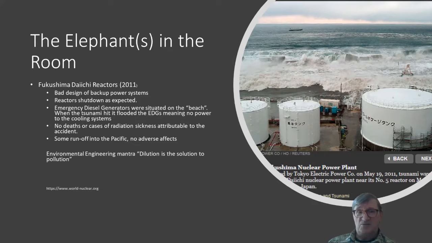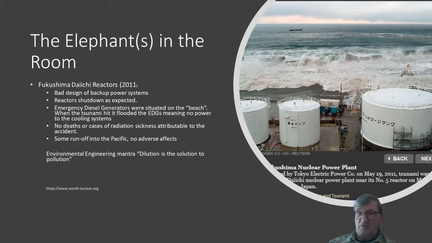There were no cases of radiation sickness attributed to the accident, and there was some runoff into the Pacific with no adverse effects. If you run into environmental engineers, one of their favorite sayings is dilution is the solution to pollution.